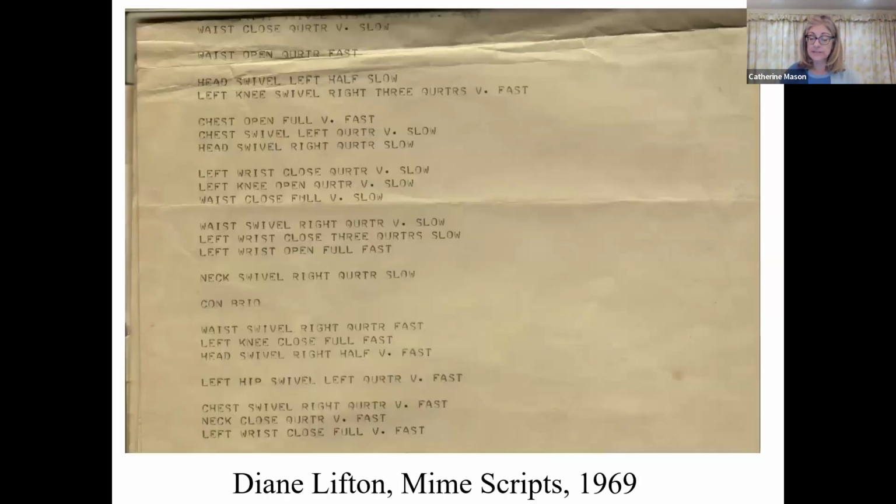Something else that I discovered as part of this project Creative Simulations, this new book, was this work by Diane Lifton. Now, Diane Lifton is now called Di Clay, and she produced, in conjunction with George Mallen, these computer-generated mime scripts. She was a dancer.